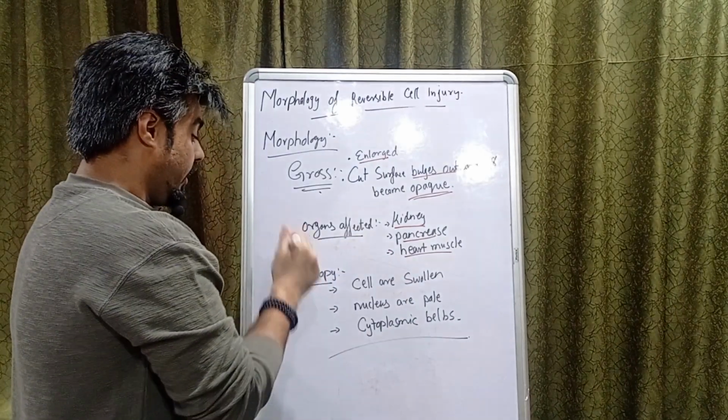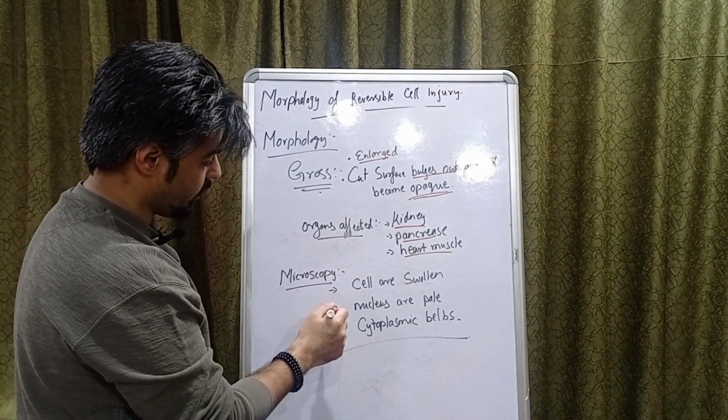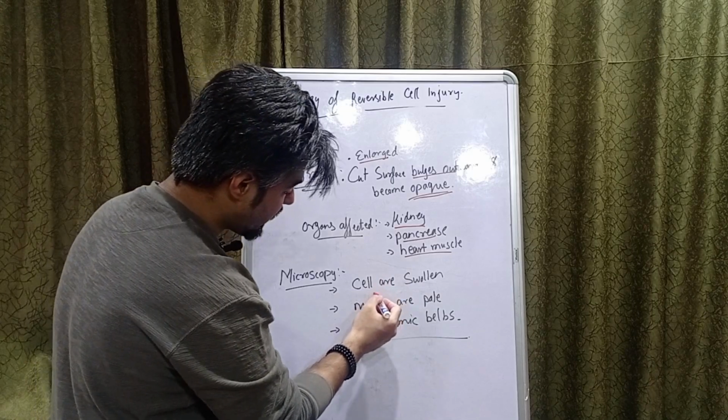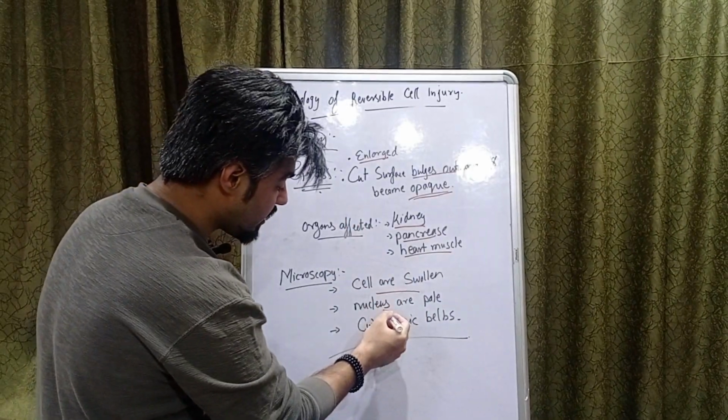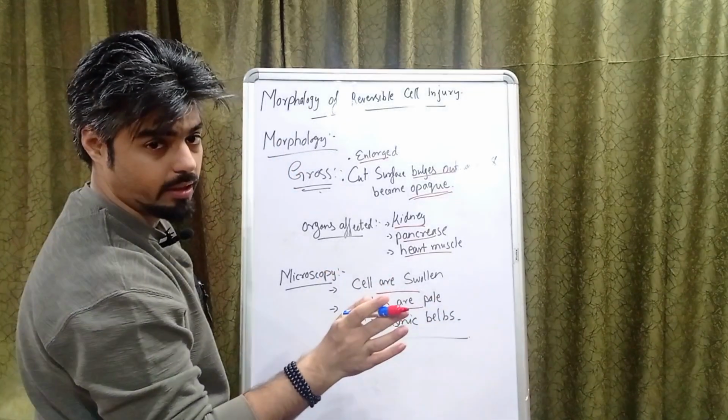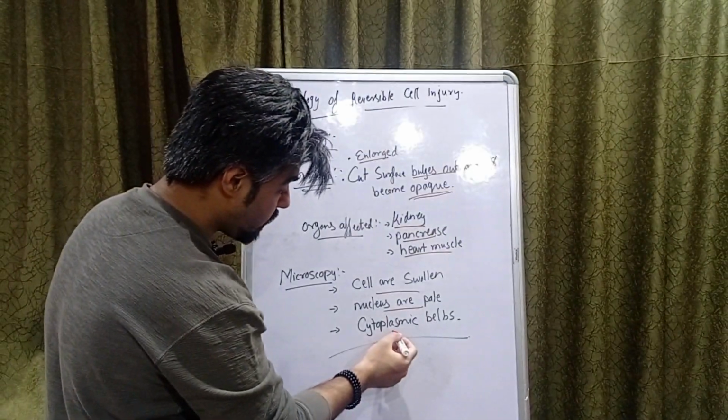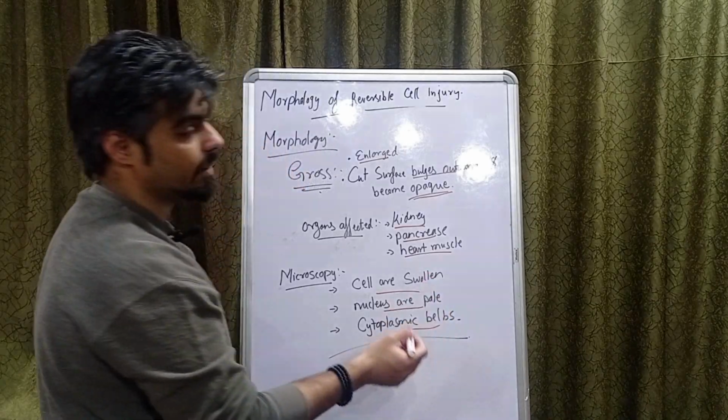Next, coming to the microscopy. First of all, cells are swollen. Next, nuclei are pale, and cytoplasmic blebs will be seen in them.